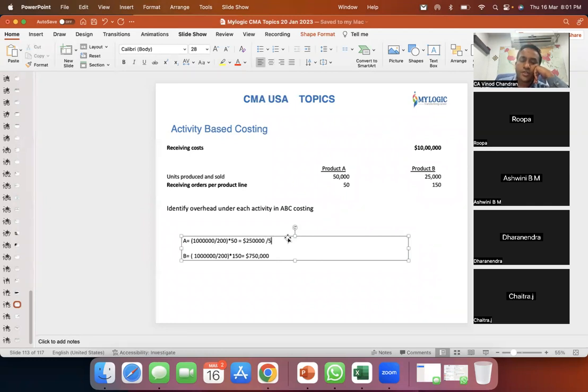So per unit is how much? 5,000. Similarly, 7,50,000 is for how much? 150. 5,000, right? So it becomes 5,000. Everyone, check again, go through it, whether you are able to understand. Any questions? Anybody?